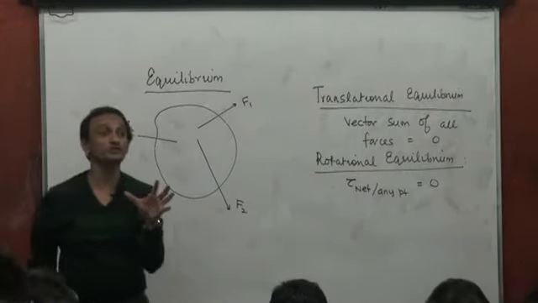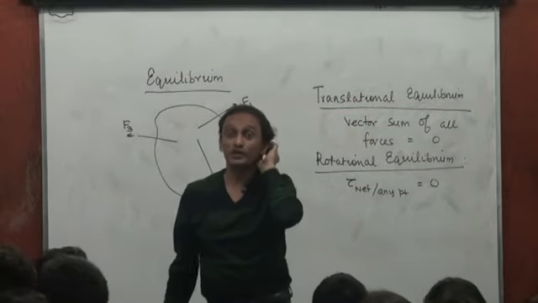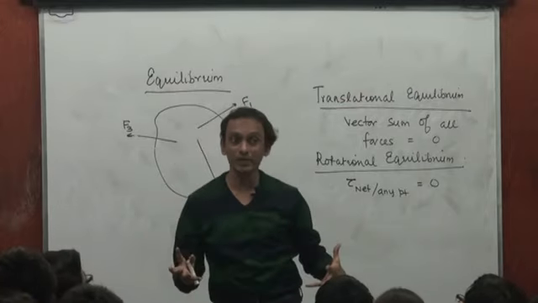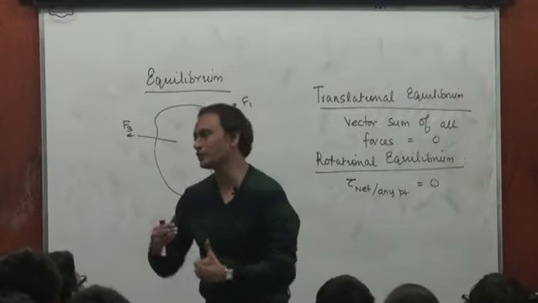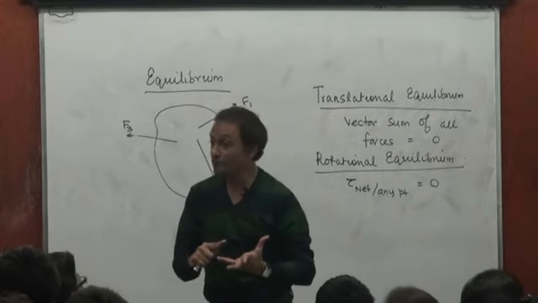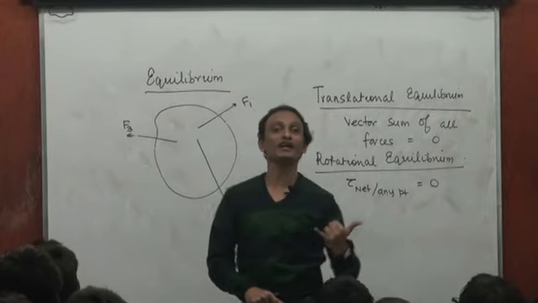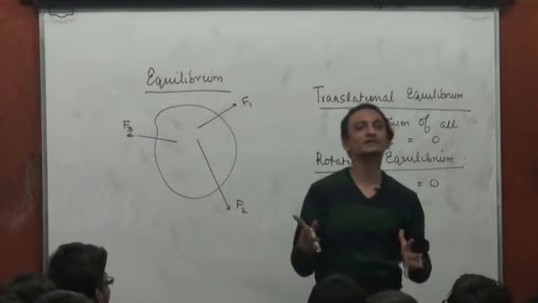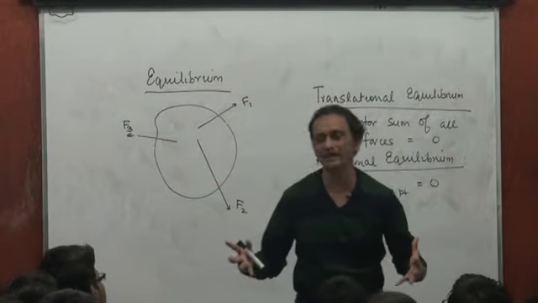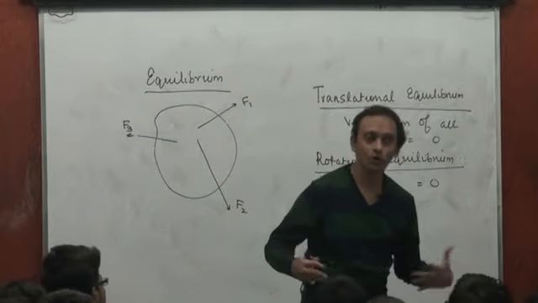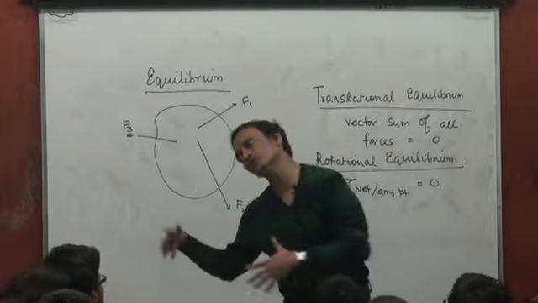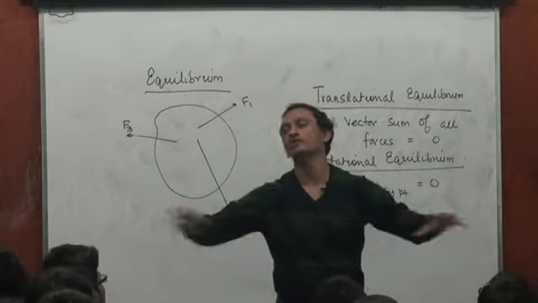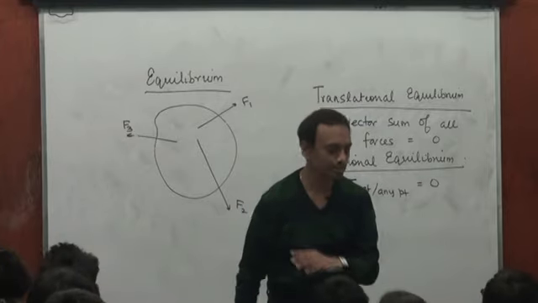See, when you have the option of equating torque to 0 about any point, then when you have freedom, that's when you'll have to be judicious. So the onus lies on you to identify a very suitable point such that if you take torques about that point, it's going to give you an algebraic expression which would be easier to handle. Although taking torques about any point will give you the same final result, one would shorten the length of your journey, the other one would only make it a little more elaborate, right?